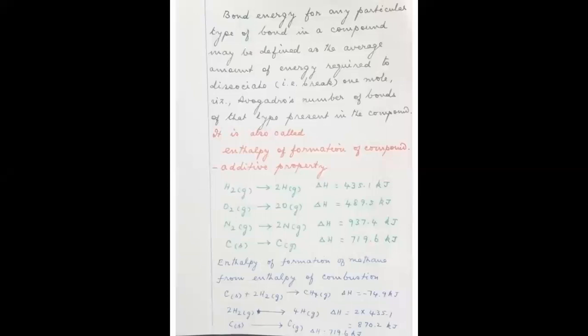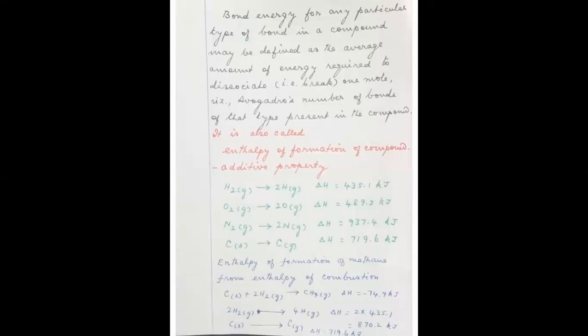Now enthalpy of formation of a compound is an additive property. You have to add. Say I have put down a few bond energy values. In order to break a hydrogen molecule into 2 hydrogen atoms, the energy to be spent is 435.1 kilojoule.